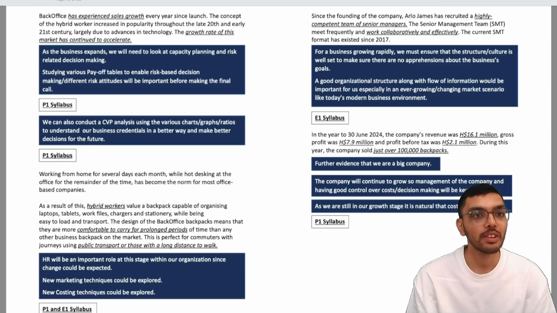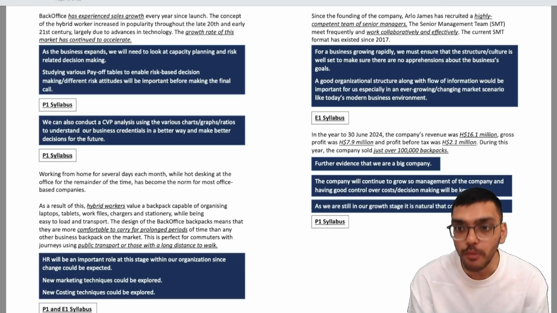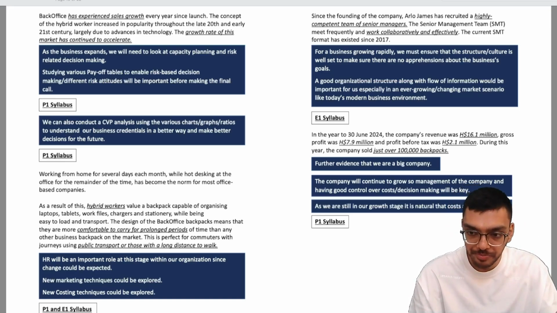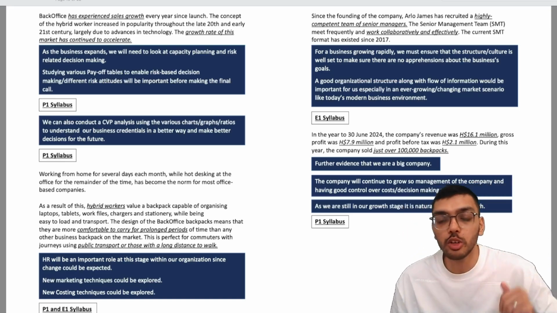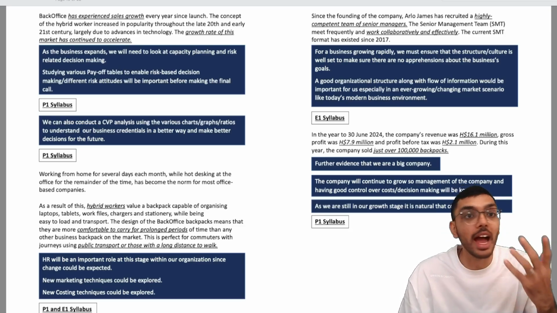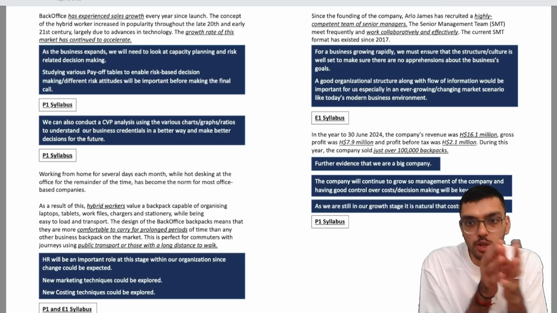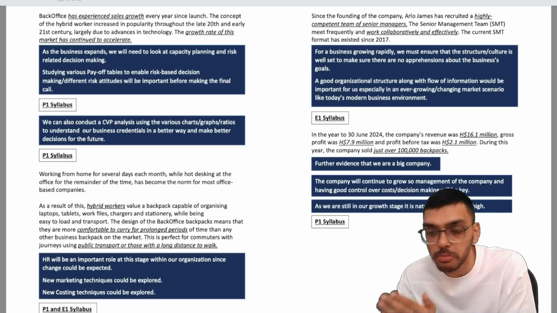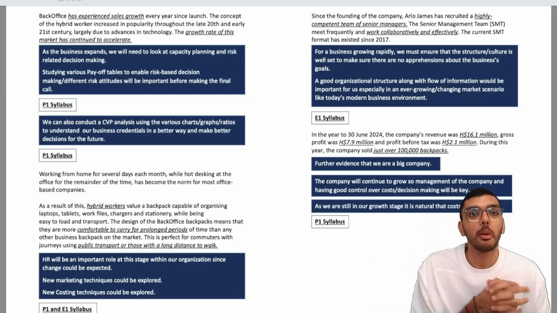This is risk-related decision making, and your payoff tables come into the picture over here, which is your P1 syllabus. Also coming into the situation are risk attitudes, because based on that, it will be decided whether you want an aggressive policy, moderate policy, or risk-averse policy.